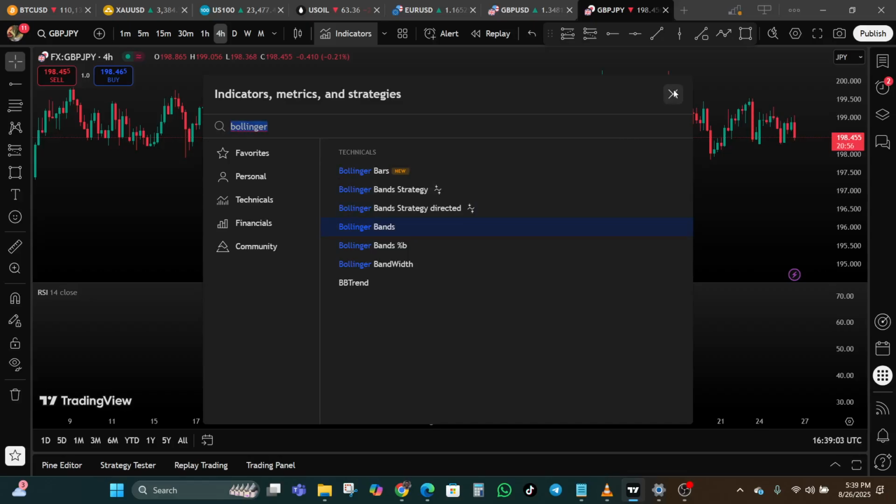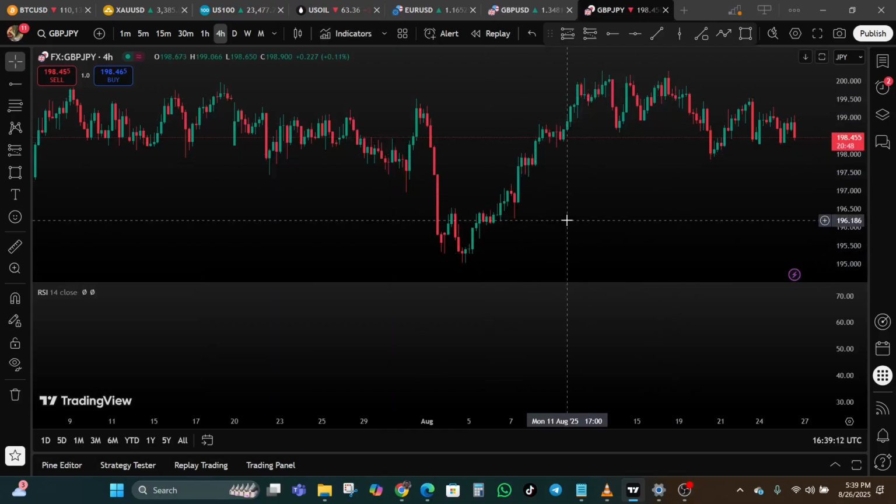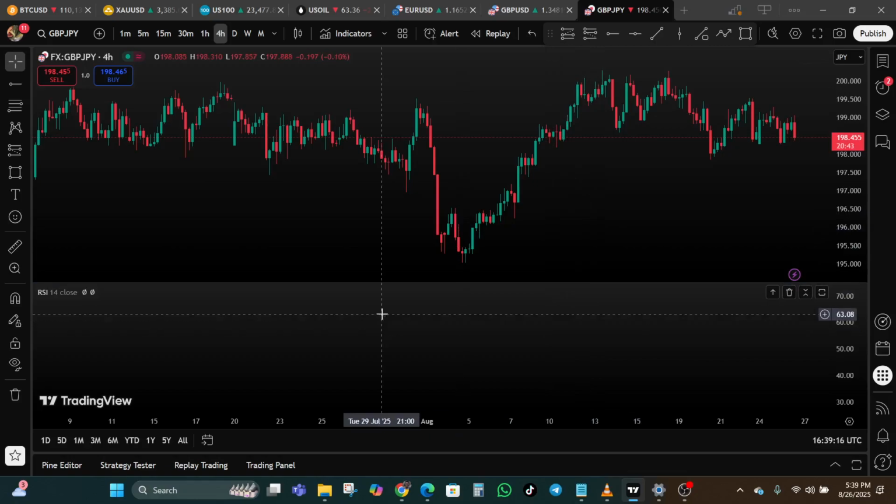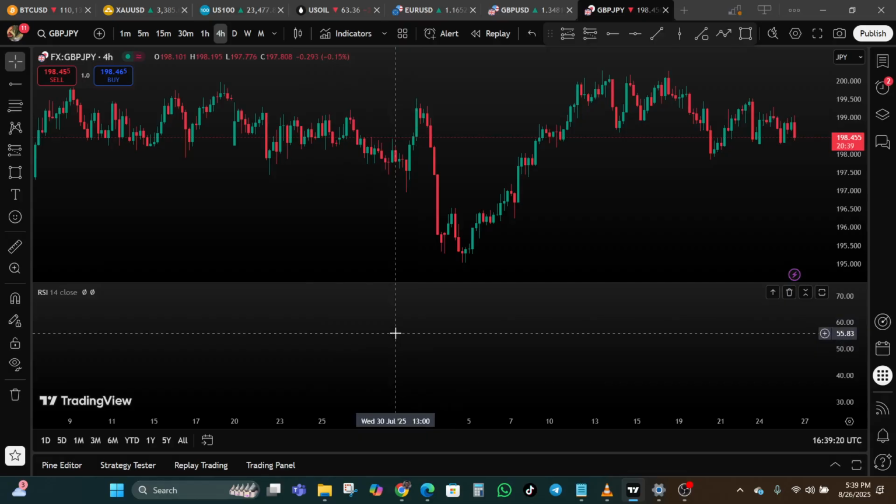So let us break it down piece by piece. First of all, the RSI divergence. The relative strength index is a momentum oscillator, and divergence occurs when the price is moving in one direction while the RSI is moving in another direction.